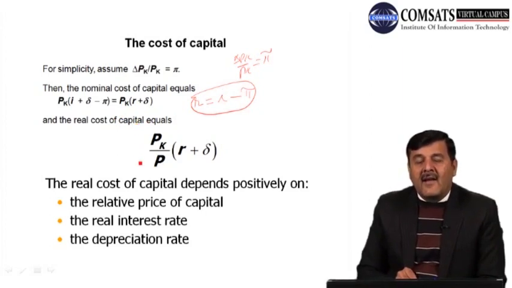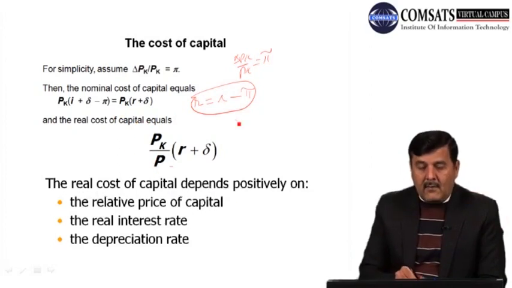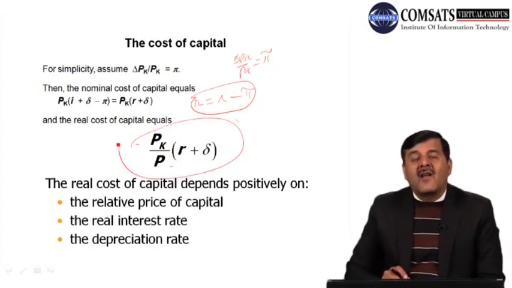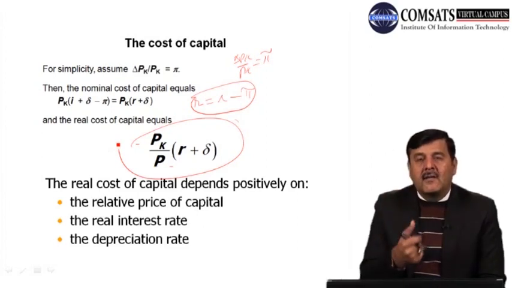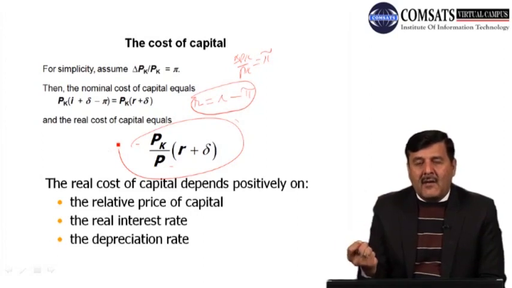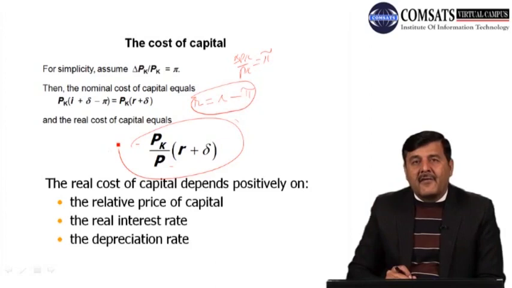depreciation, and the real cost of capital will be equal to, if we divide this with P, the real cost of capital is equal to PK over P, the real price of capital, into real interest rate plus depreciation. The real cost of capital depends positively on the relative price of capital, one thing. It depends positively on the rate of interest.